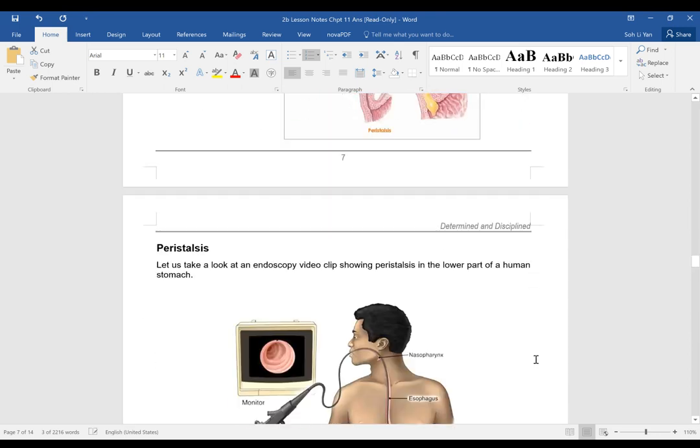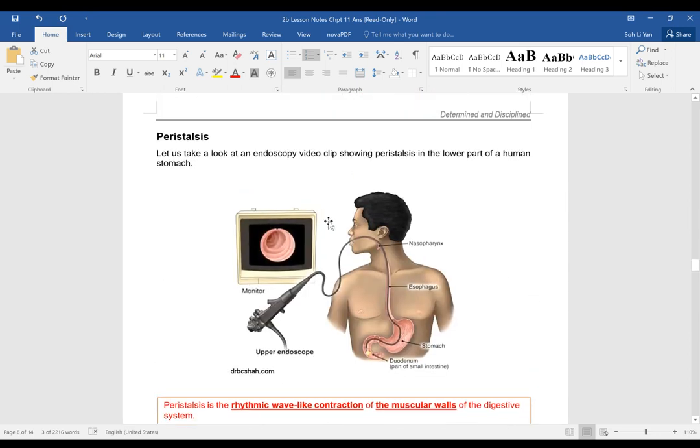In fact, there will be a video in the next activity that shows you, under the endoscope, the peristalsis really happening in the esophagus. So I want you all to watch the next activity in the video.